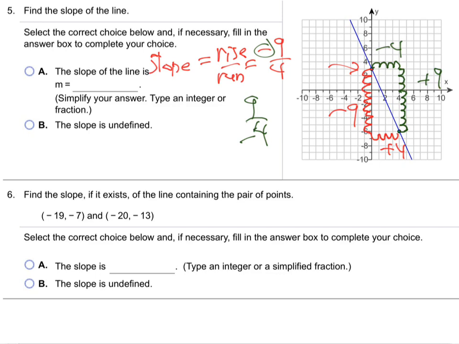Fine. So now they're giving you the 4 numbers. Remember how to do the slope when they give you the 4 numbers? So that might be a good one to put on your 3x5 card. That's going to be y2 minus y1 over x2 minus x1. Remember that formula for slope?